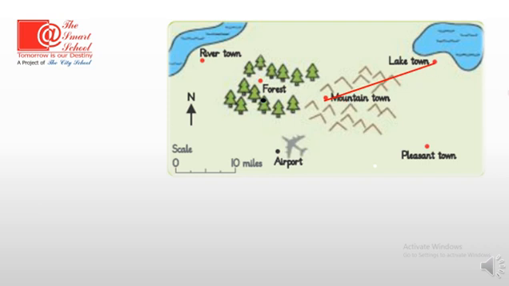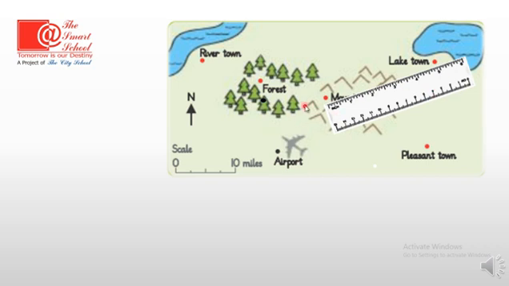Now let's get a scale ruler. Here we have the ruler. See, this is the starting point, and then this is 1 inch, this is 2 inches, this is 3 inches, this is 4 inches, and at this dot we reach 5 inches. So it means that on this map, mountain town is 5 inches from the lake town.